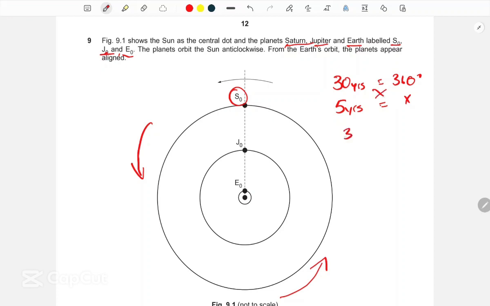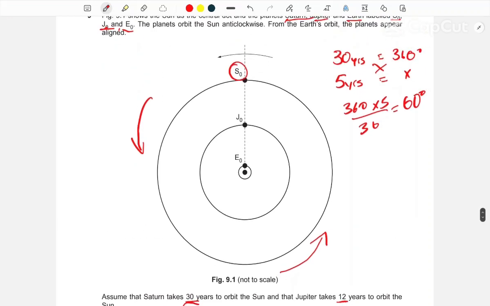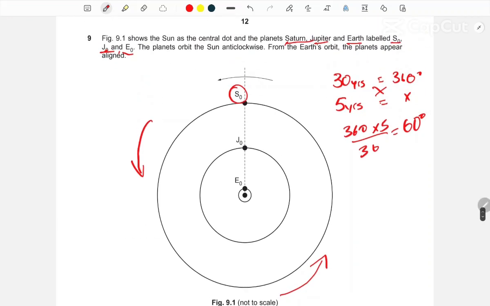So it would be 360 times 5 over 30. That would give us 60 degrees. So Saturn is going to be 60 degrees from the original position. So S1 is going to be 60 degrees. I don't have a protractor, but this angle over here should be 60 degrees measured. And we have our point S1.